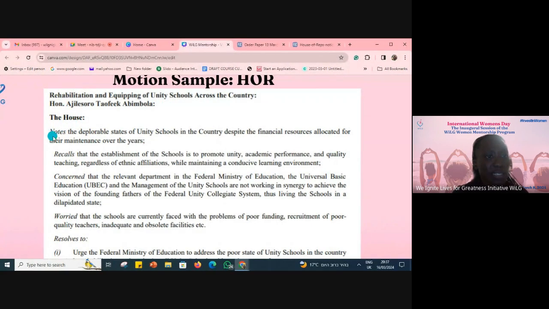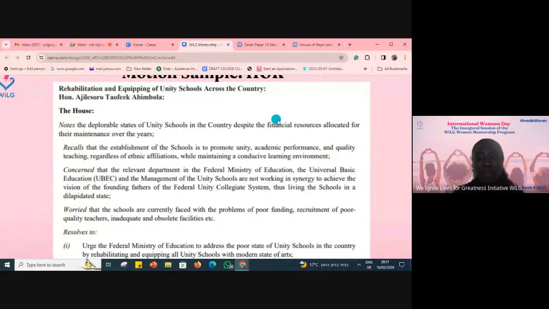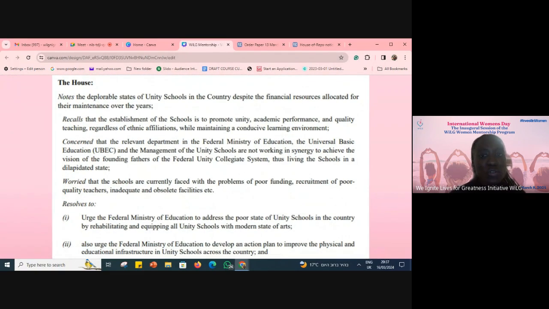You can see this one started with notes that the deplorable state of Unity schools in the country, despite the financial resources allocated for their maintenance over the years, recalls that the establishment of the schools is to promote unity, academic performance, and quality teaching regardless of ethnic affiliation, while maintaining a conducive learning environment.